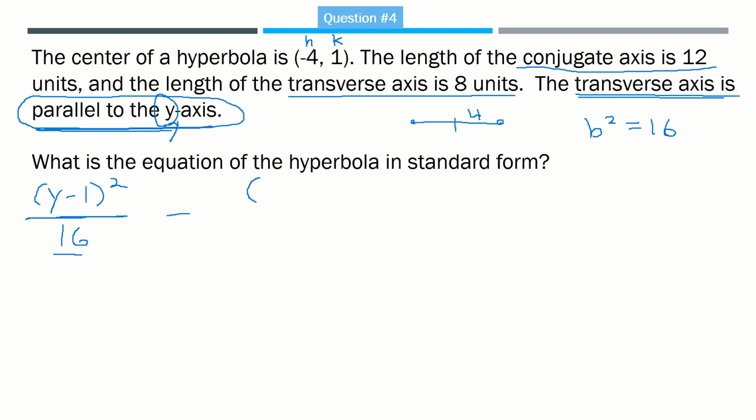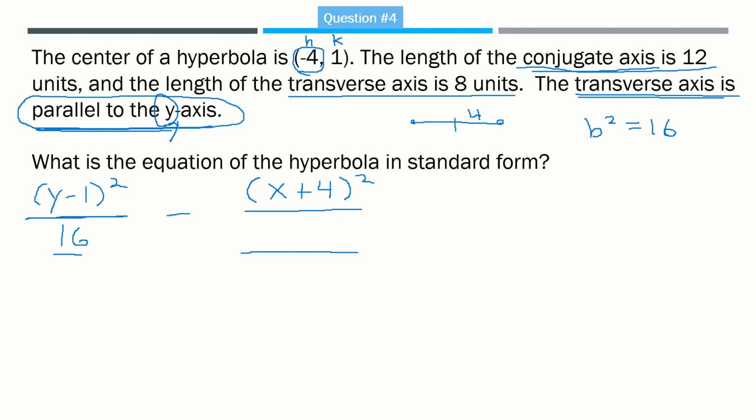Now we go back and we put x. That's the conjugate axis. The conjugate axis is going to go in the second part, after the minus right here in the equation. And x is negative 4 in our center. Our h is negative 4. So x minus negative 4 would be x plus 4 squared over.